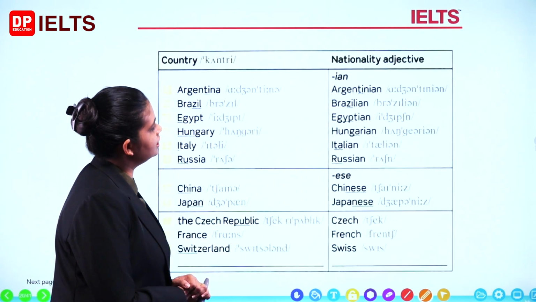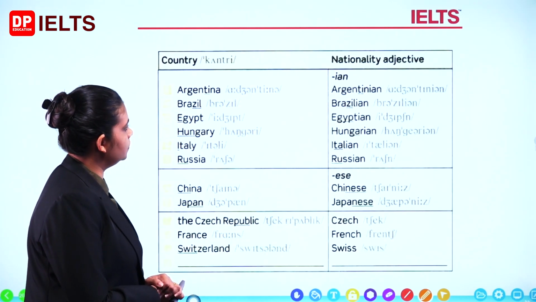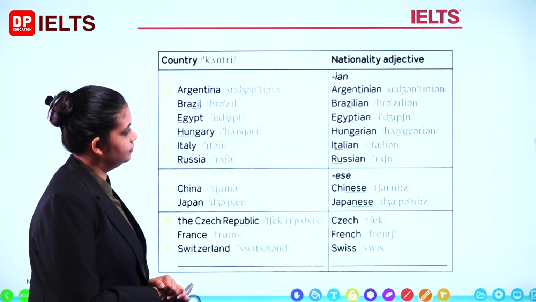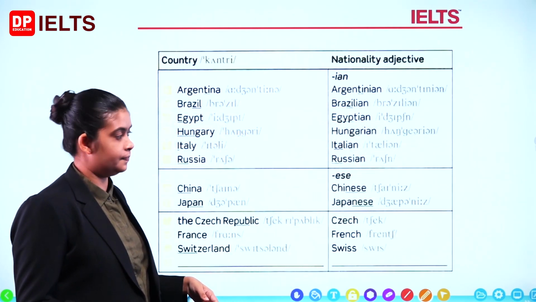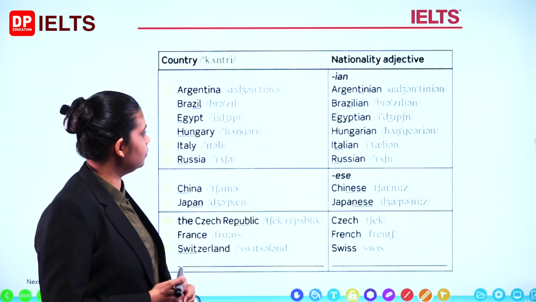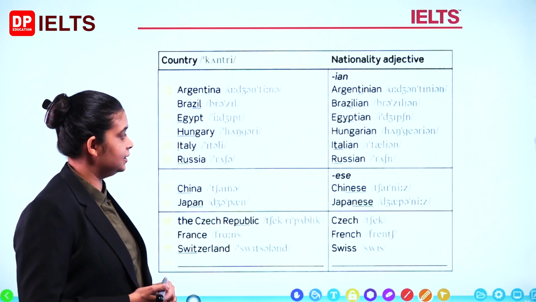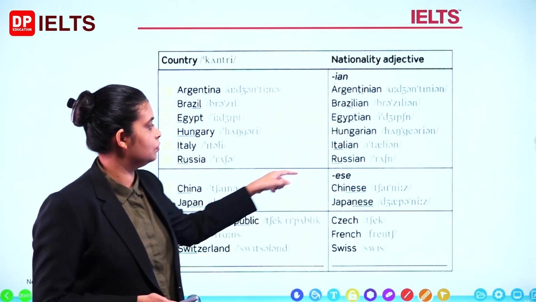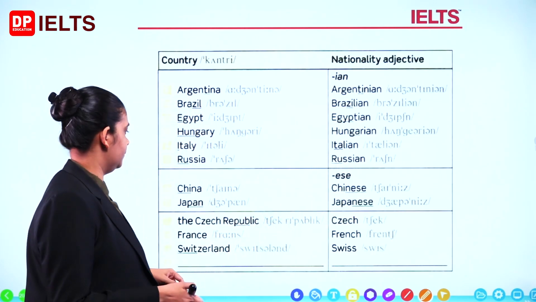Argentina, Argentinian, Brazil, Brazilian, Egypt, Egyptian. Hungary, Hungarian, Italy, Italian, Russia, Russian.